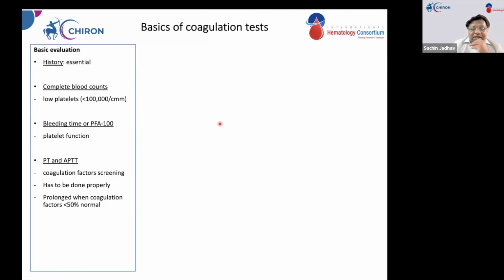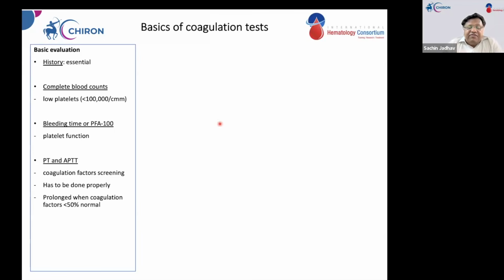But if they're normal, then that tells us that there are enough coagulation factors in the patient's blood. And because there are enough, the number of seconds that it takes for PT and APTT are within the normal range. Now, what do we mean by normal?